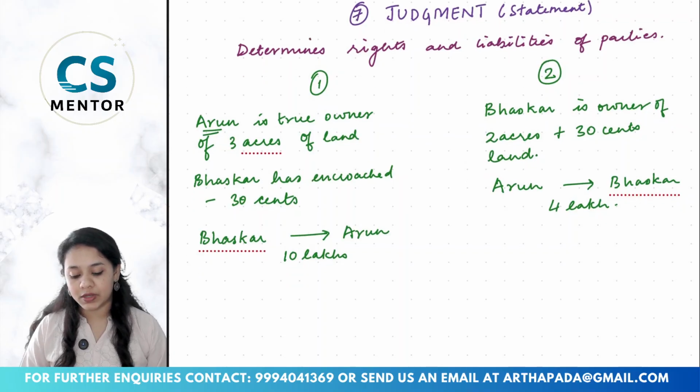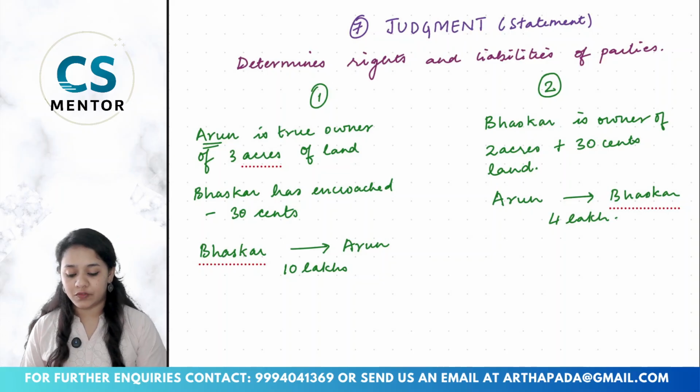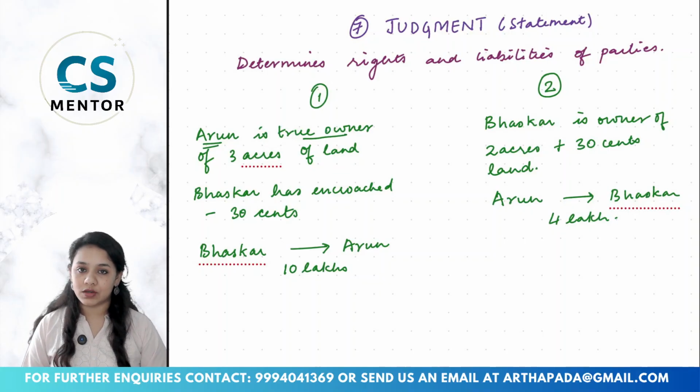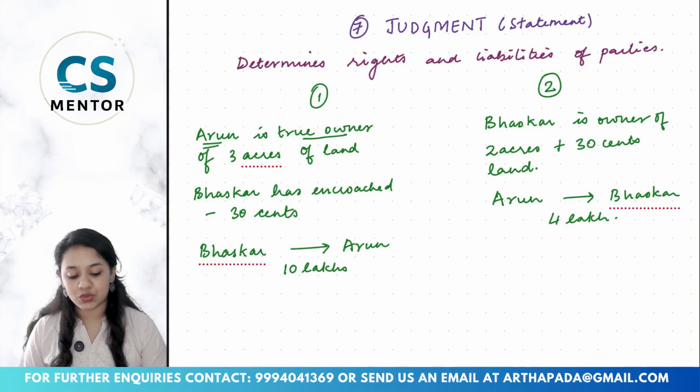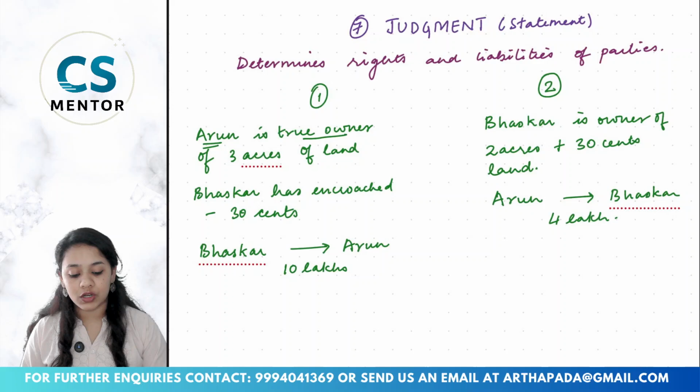So what is happening in both these situations? Don't you think rights and liabilities are being determined over here? In the first situation, Arun now has a right, he is declared as the true owner of the 3 acres of land. But in the second situation, Bhaskar is being declared as the true owner of 2.3 acres of land.